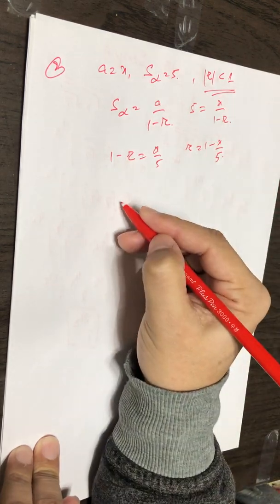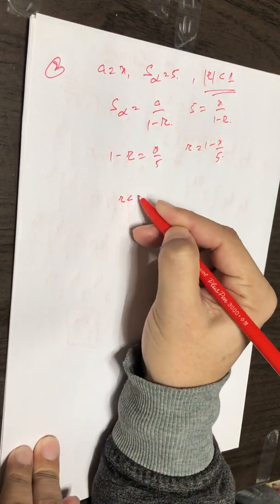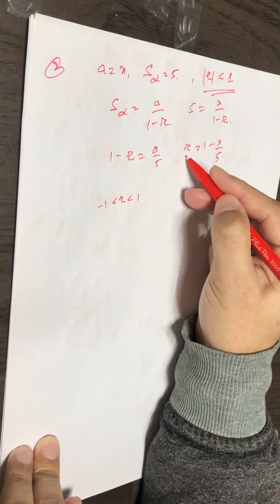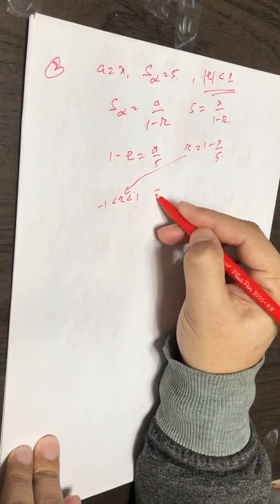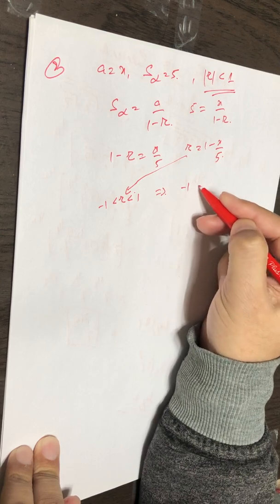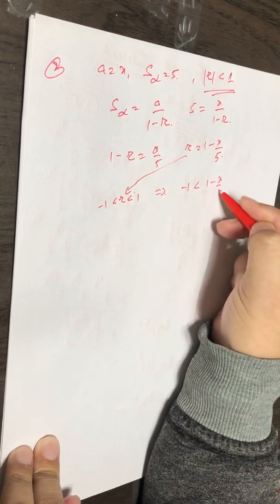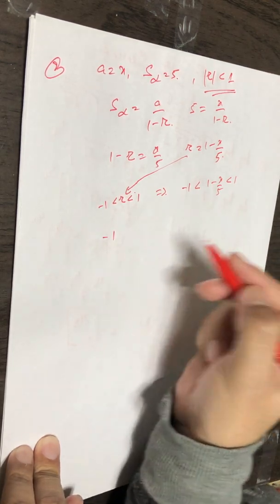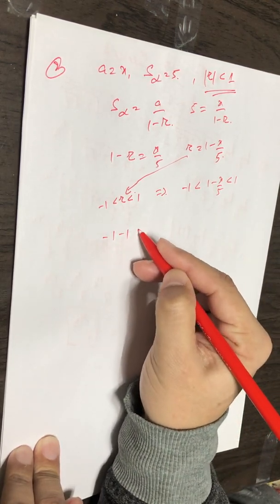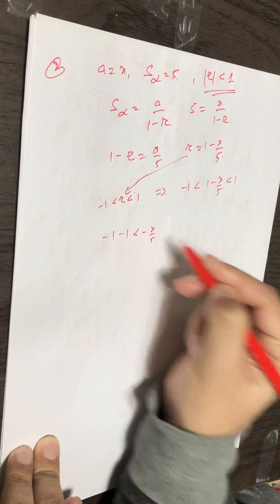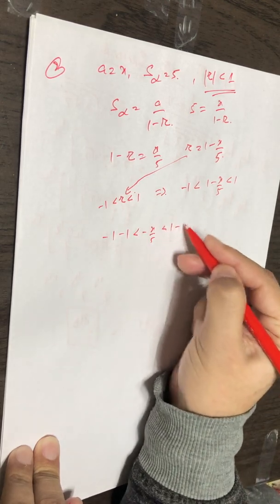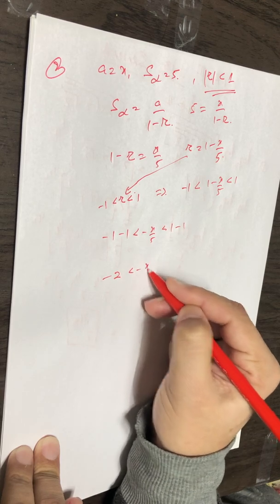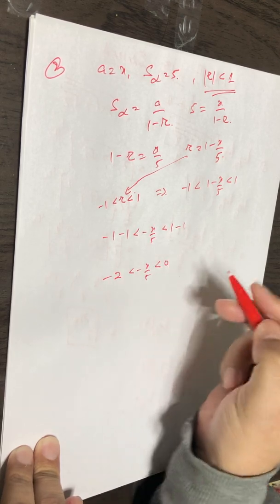From the modulus property, you can say that r will be less than 1 but greater than minus 1. Putting this value of r here, we get minus 1 less than 1 minus x upon 5 less than 1. If you solve, this will be minus 1 minus 1, so minus 2 less than minus x upon 5 less than 0.